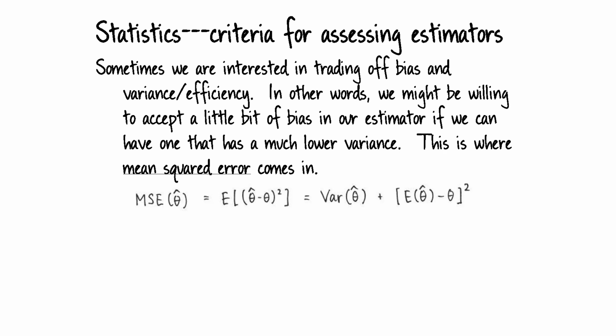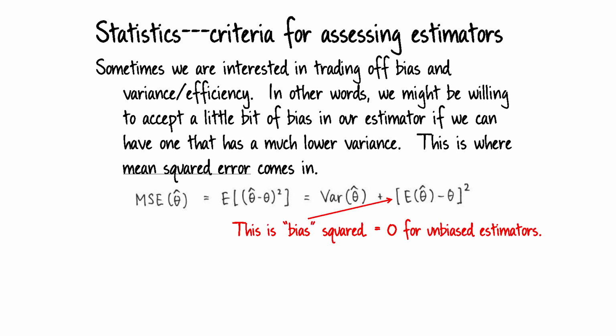And that can be rewritten as the variance of theta hat, which we can think of as a measure of the efficiency of the estimator, plus the quantity expectation of theta hat minus theta, squared. That difference is defined as the bias, so that last term is the bias squared. For unbiased estimators, that quantity is going to be 0. For biased estimators, it's going to be positive.